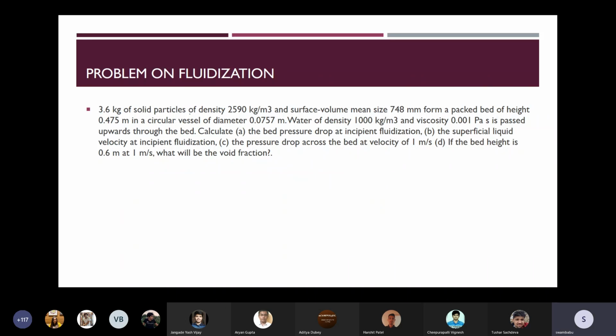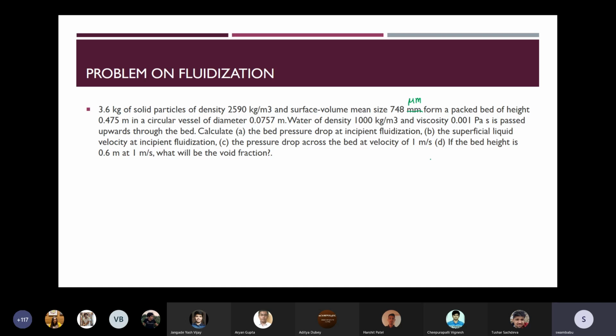3.6 kg of solid particles having density 2590 kg per meter cube, and the particle surface to volume mean size is 748 microns. 748 mm is not possible to fluidize.